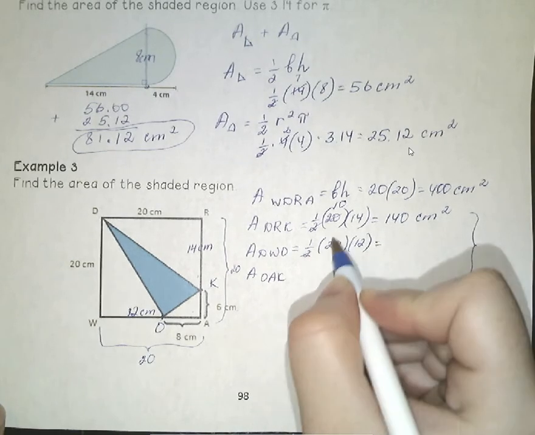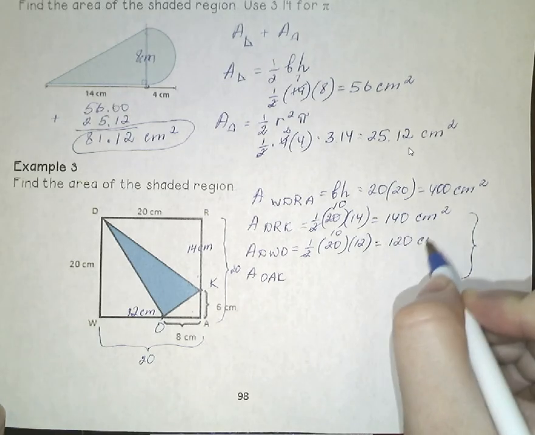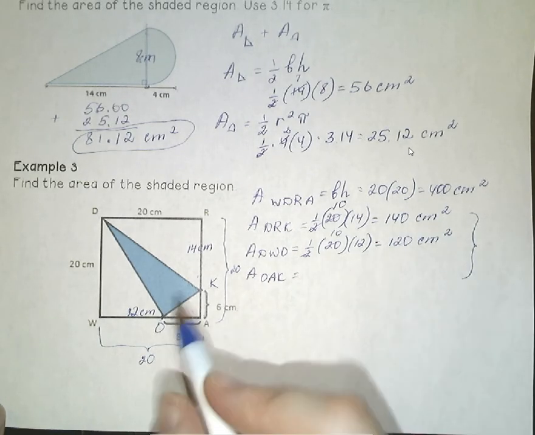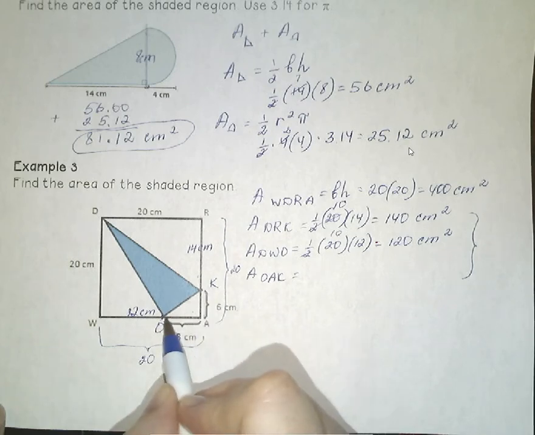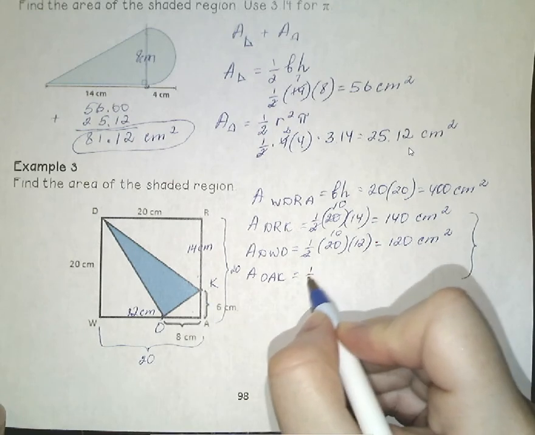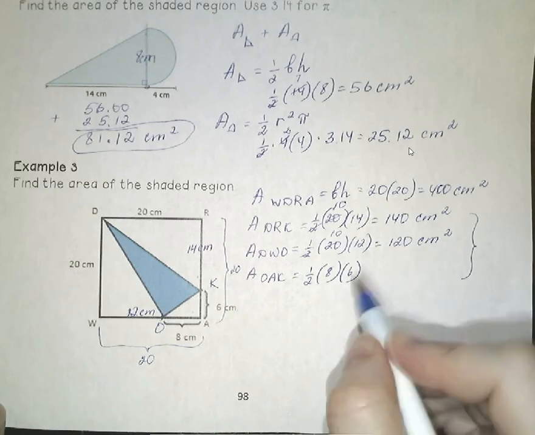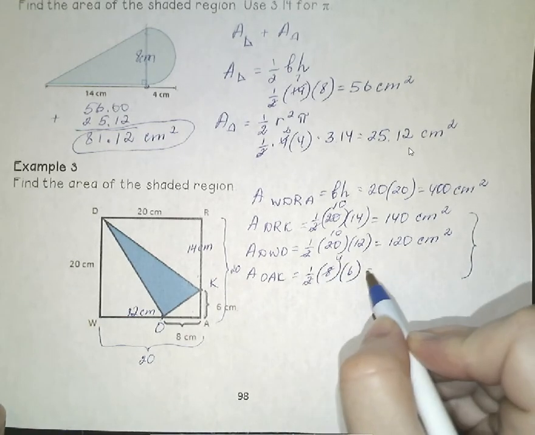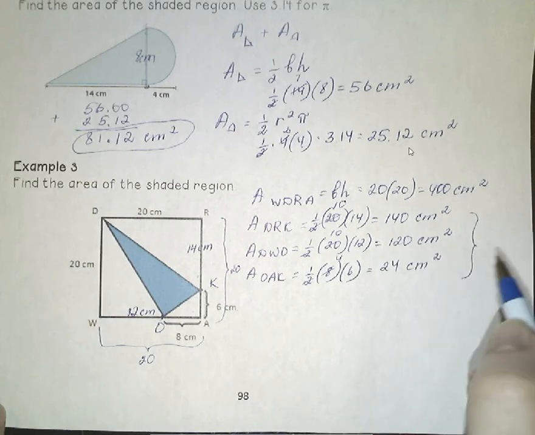Half of 20 is 10. 10 times 12 is 120 centimeters squared. Last triangle right here, OKA, base is 8, height is 6, so 1/2 of 8 and of 6. So half of 8 is 4, and 4 times 6 is 24 centimeters squared.